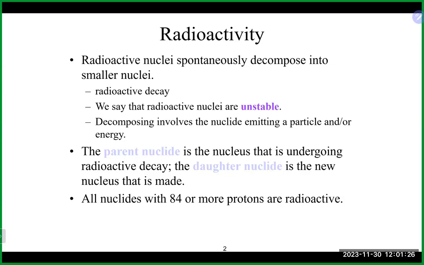What develops afterwards we refer to as the daughter nuclide. As I mentioned before, pretty much anything above 84 on the periodic table is going to be radioactive and will experience it. You've got things like uranium and plutonium and all that fun stuff, I suppose.